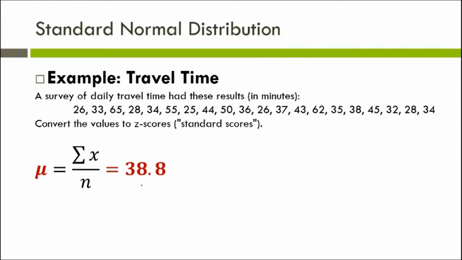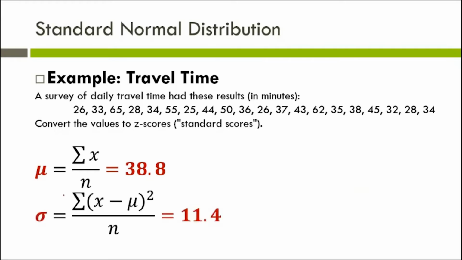I have already calculated it using our formula, the square root of the summation of the squared differences of x and mu all over n, and that is 11.4. So we now have 38.8 as our mu and 11.4 as our sigma.